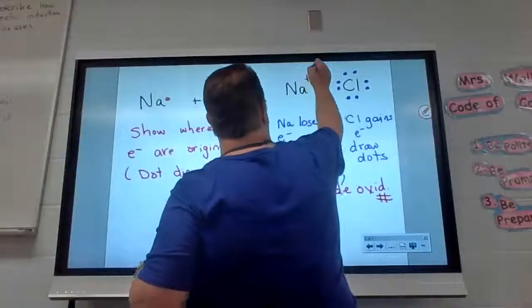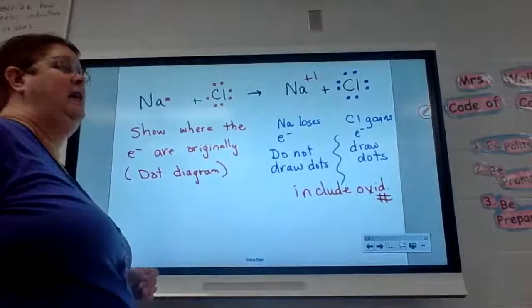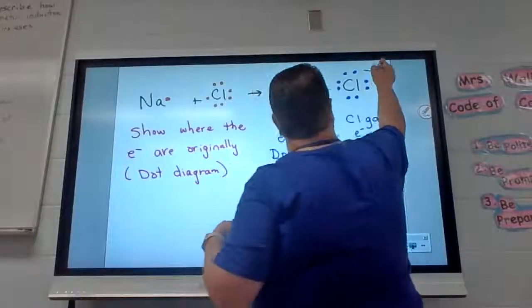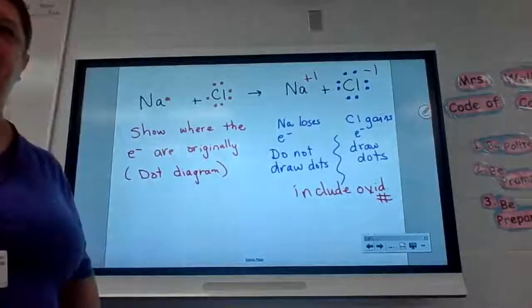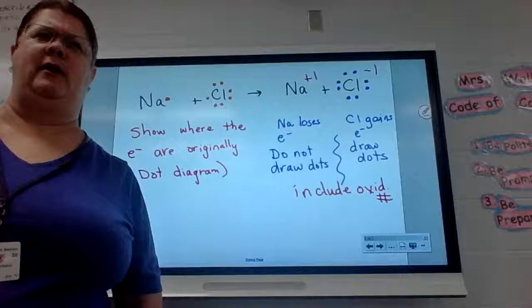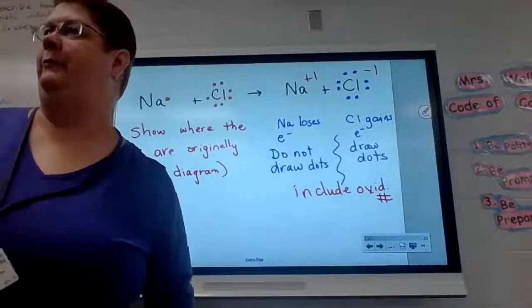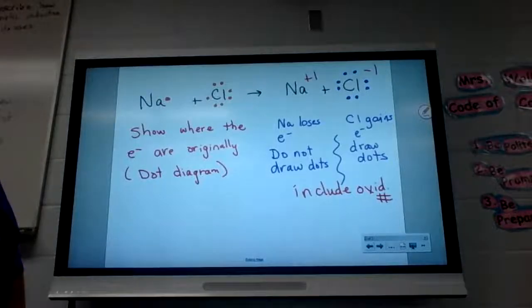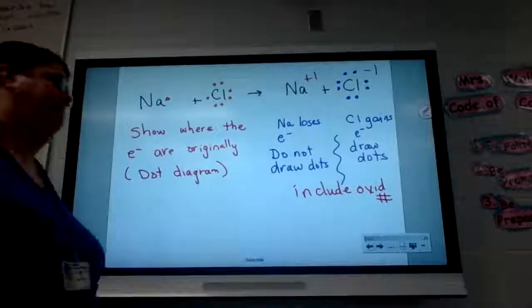And what oxidation number will Cl have if it gained one electron? -1. So we write -1 on it. You with me? Yes. Okay.